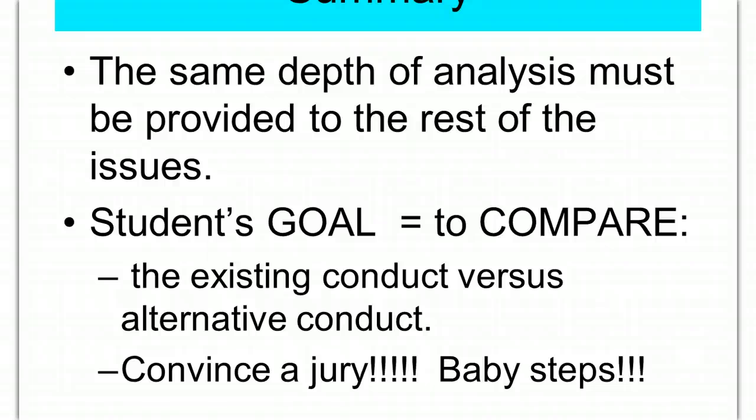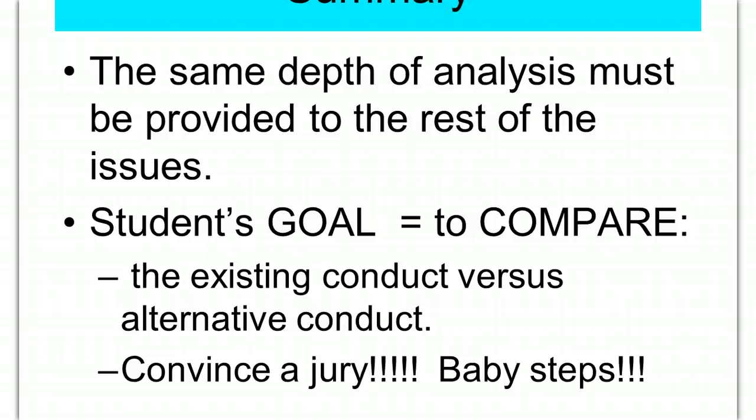That set of analysis shows you what depth you're aiming for when you go for a factor. Remember, we just looked at cost. For each of the issues you should provide the same amount of factual and legal analysis.